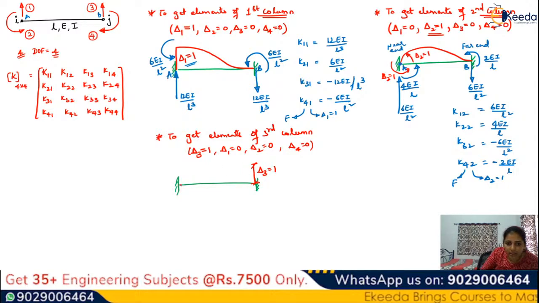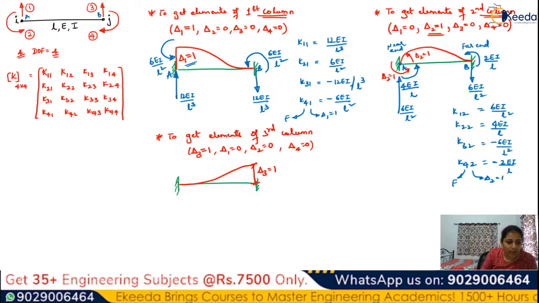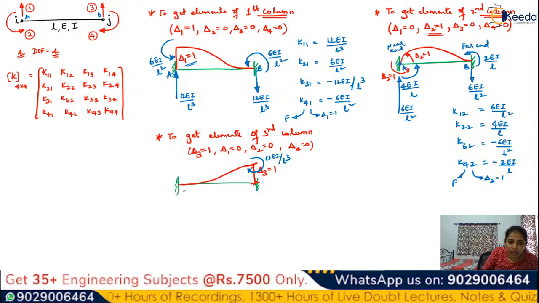If you give it like this, what is the moment? The moment developed will be like this, right? Here you have to lift the beam up, so here it will be 12EI by L cube and here also 12EI by L cube.